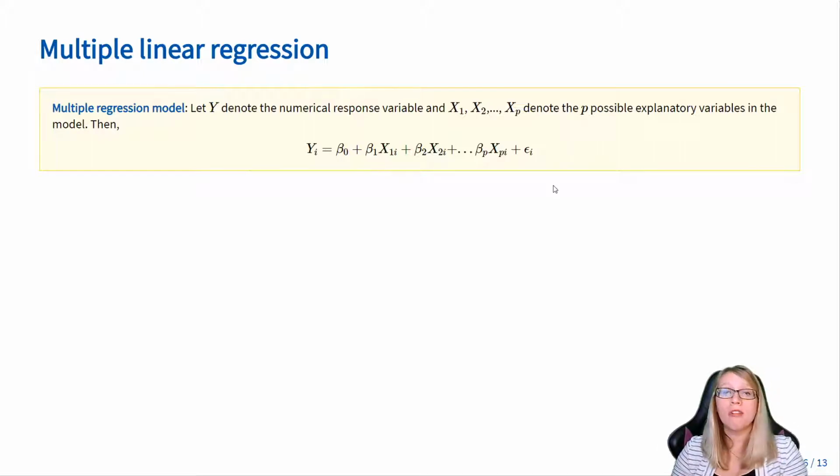So then we write our model as y, our response variable, is a function of some intercept term beta 0 plus beta 1 times variable 1 plus beta 2 times variable 2, all the way up to beta p times variable p plus epsilon.